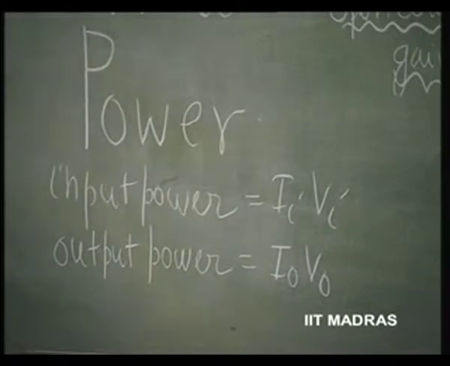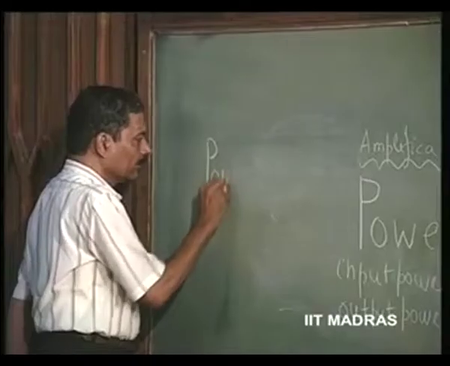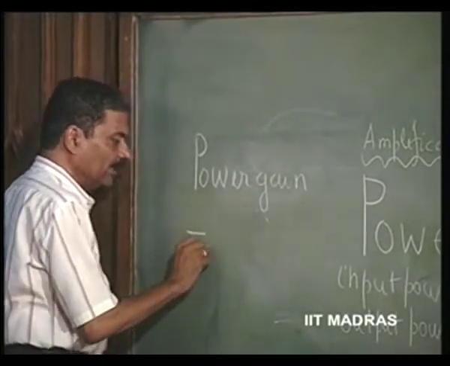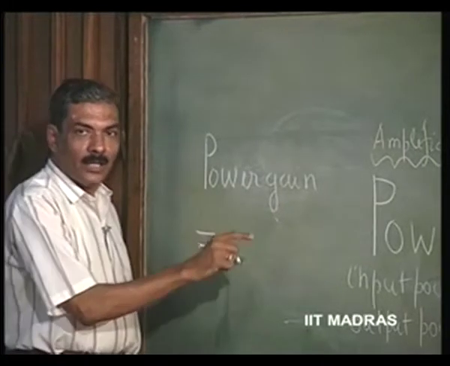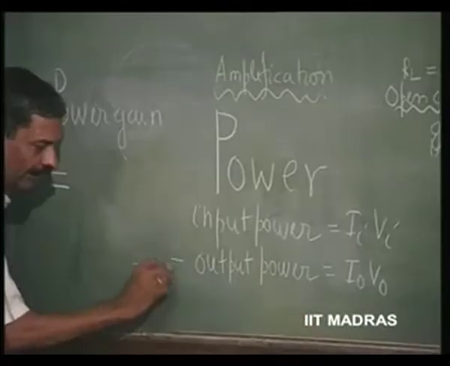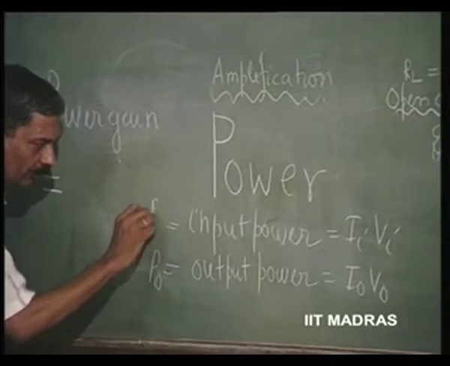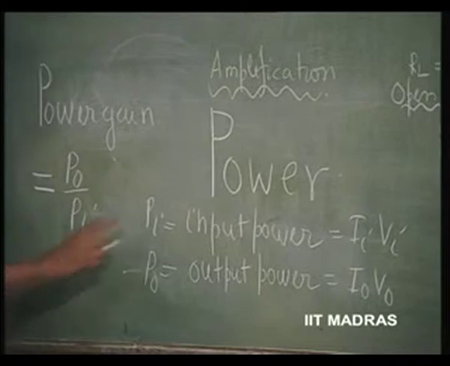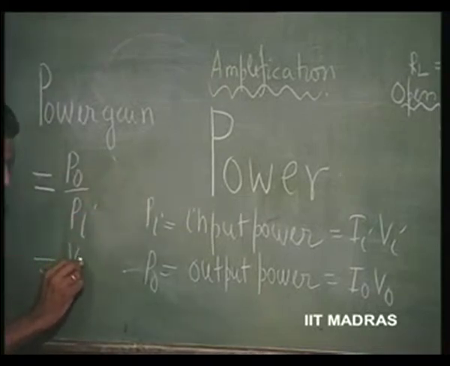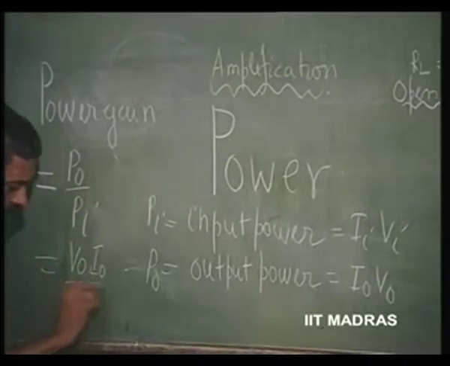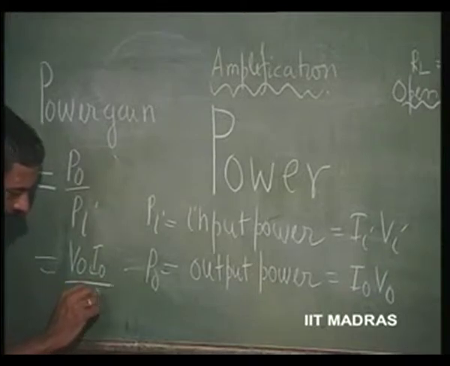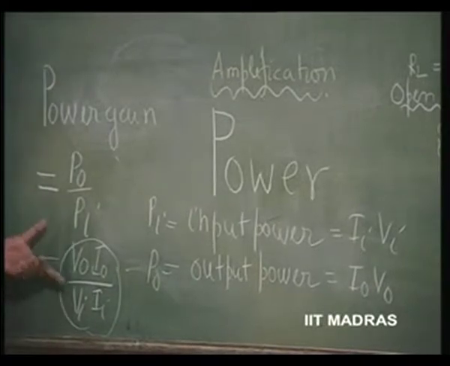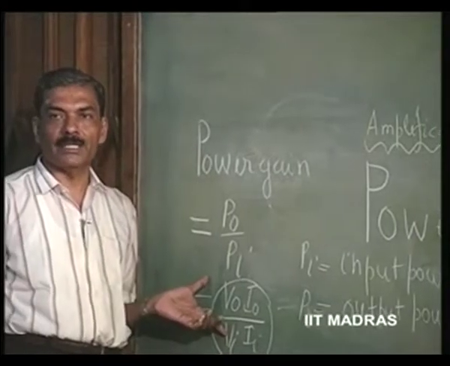And therefore, power gain is nothing but output power divided by input power, which is V naught I naught divided by V I, I I, which is a very significant relationship. It is this that we want in every amplifier.